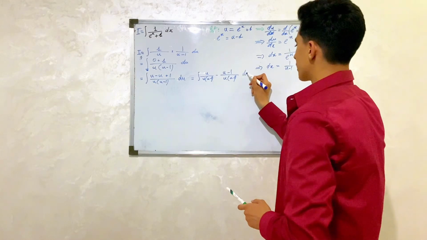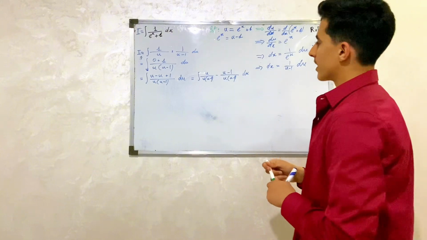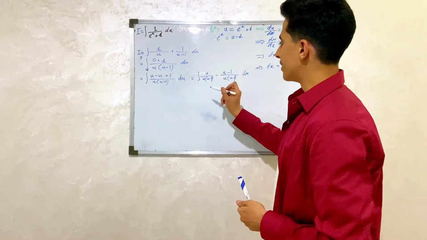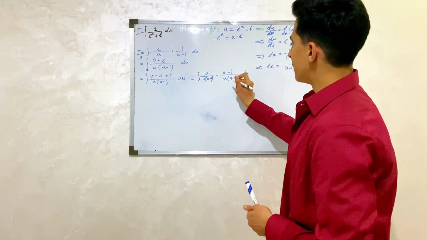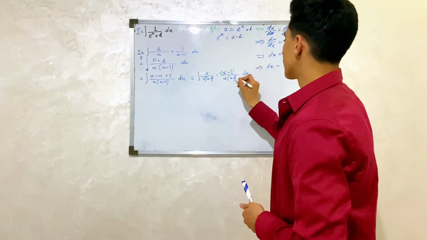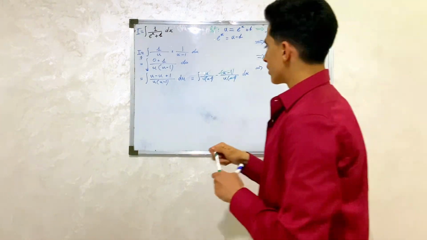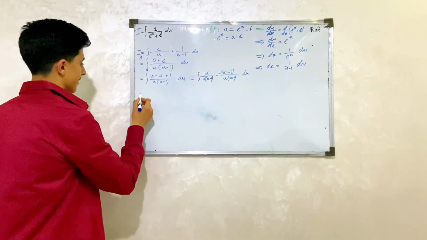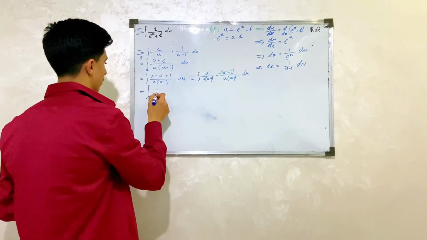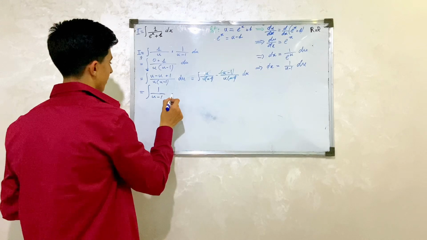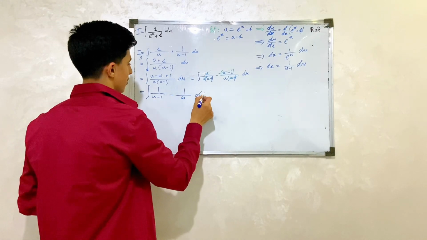All with respect to u. Here we can see that u and u repeat, cancel them out. U minus 1 and u minus 1 repeat, you can just cancel them out, leaving us with two fractions. So we have the integral of 1 over u minus 1 minus the integral of 1 over u with respect to u.